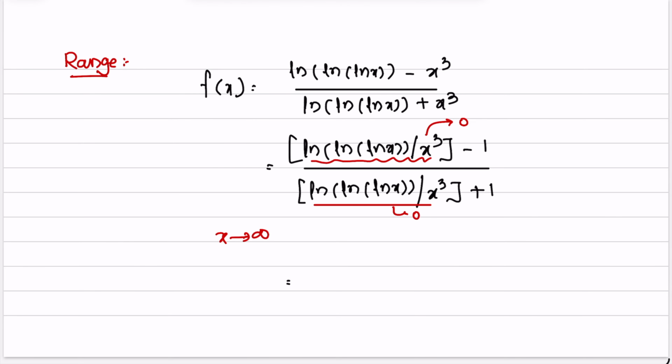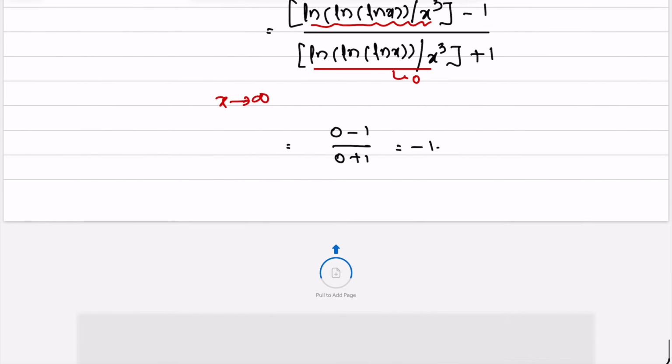This will be equal to 0 minus 1 by 0 plus 1, that is equal to minus 1.